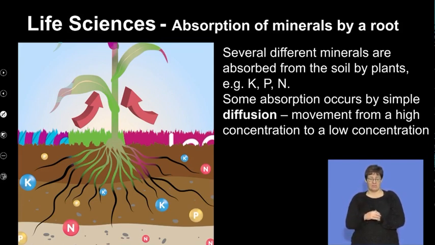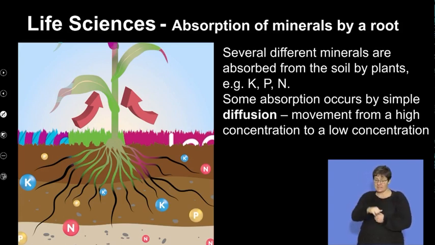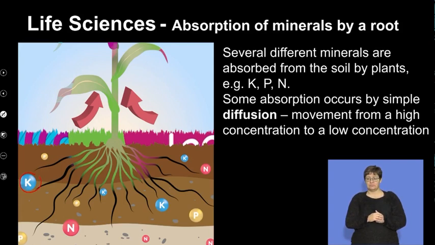And let's have a look at which minerals the plant will actually need to absorb along with the water. From your natural science early on in grade 8 and 9, you should know that K is an element called potassium.